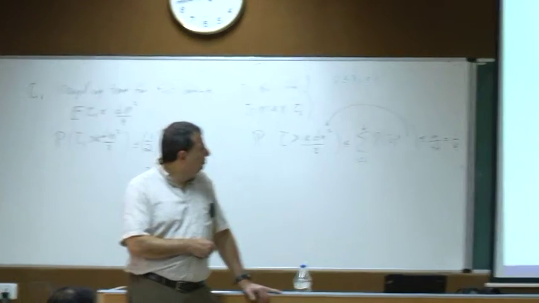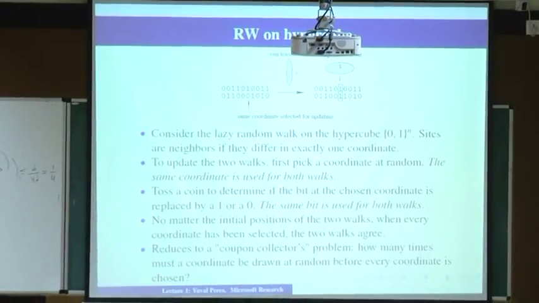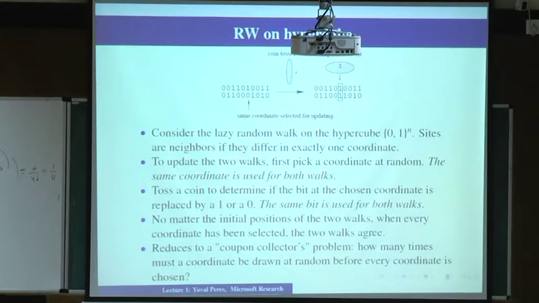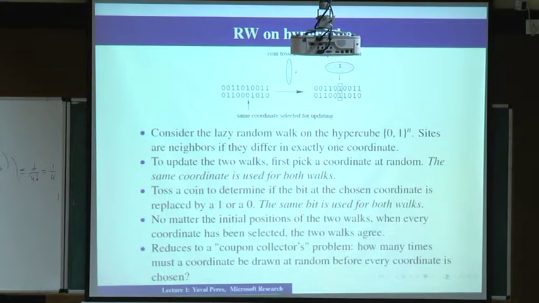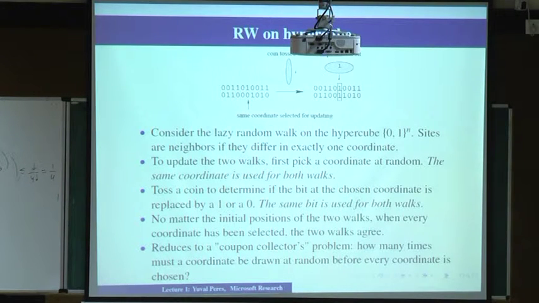So here we have a lazy walk on the hypercube. We have n coordinates. They are bits. Each time we choose a bit and refresh it. Because we're doing a lazy walk, refreshing the bit doesn't mean flipping it, it means replacing it by a random bit, a fresh random choice. Okay, so this is the lazy walk on the hypercube.